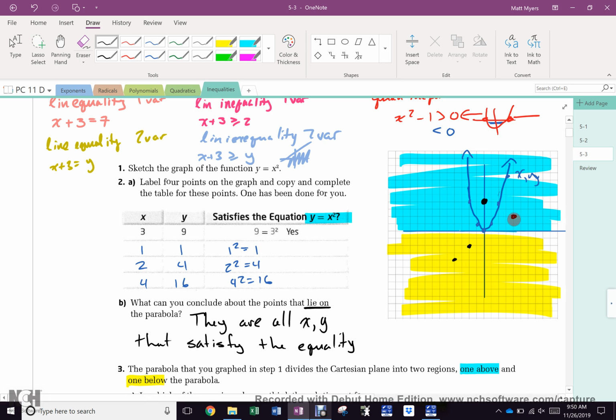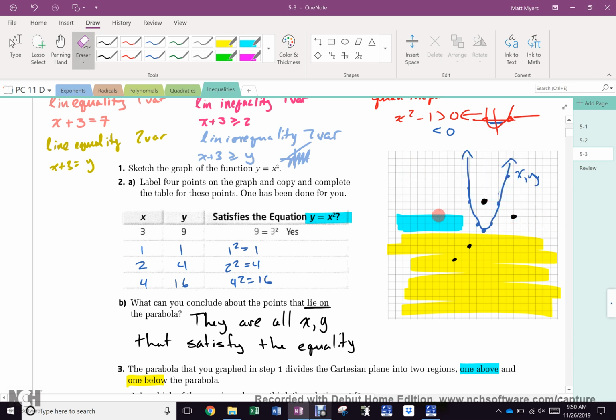is it? Because this point is part of the solution. So this point needs to be yellow, doesn't it? So what does that suggest maybe about points over here? We could check it though, couldn't we? Let's check with negative 4, positive 2.